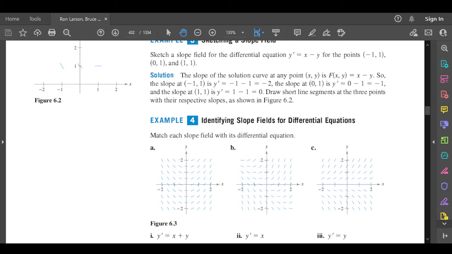So 0 ang differential equation. And then, at 0, negative 1, 0 gyapon si x. Okay, so ang letter A, kini ang iyang differential equation. Ang letter B, tan-aw na to.